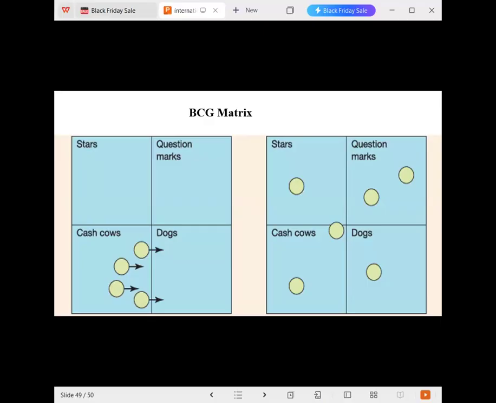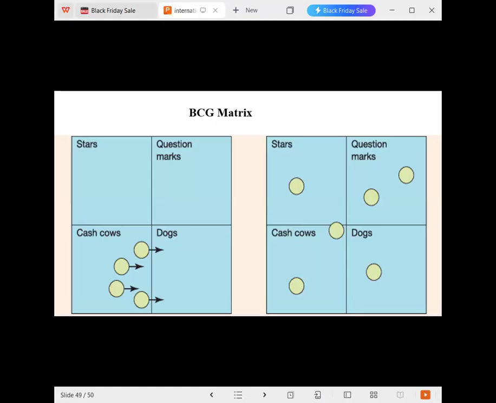Okay. So according to the explanation you gave us, you said that the cash cow is a very good, fertile land. It's a green land because we don't have competitors. So this company has a monopoly of that sector, that market share.